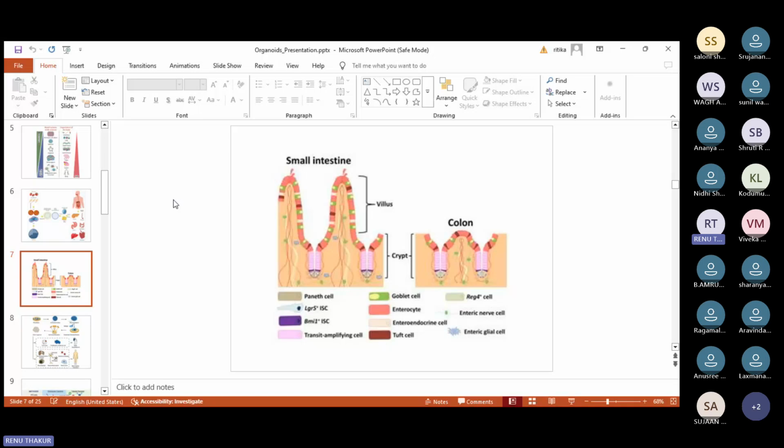Or if we want to design some medicine for the problems happening in the intestine, we can design that regenerative medicine, test it on these 3D models, and directly send it for phase 1 and phase 2 trials. These are the things we can do with the help of small intestinal organoids.